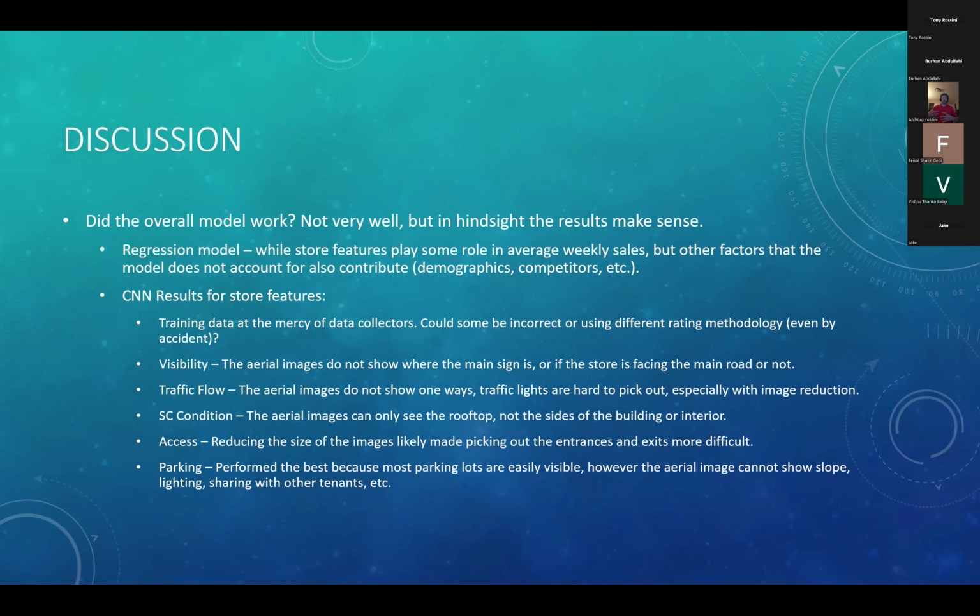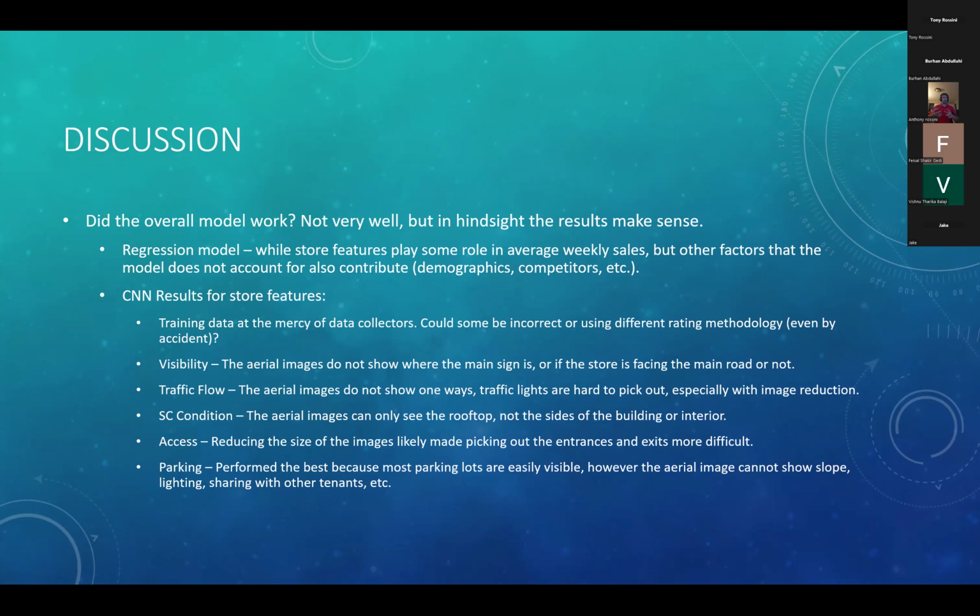So you have one person go out to the store and maybe they record visibility and they rated a 3. You have someone else go out there and maybe they rated a 4 or 2. Even if they're using technically the same methodology, each person might have their own interpretation of that. So that is something to think about.